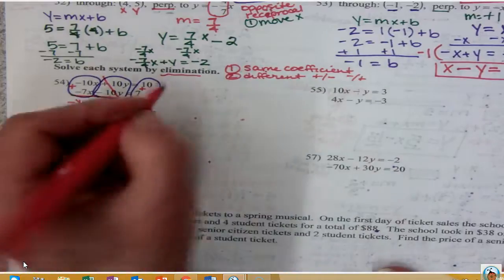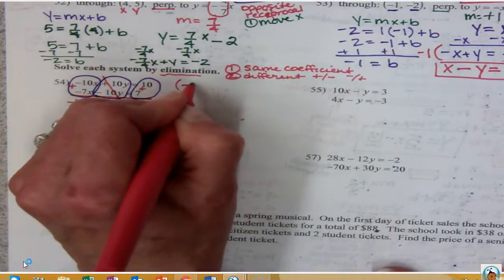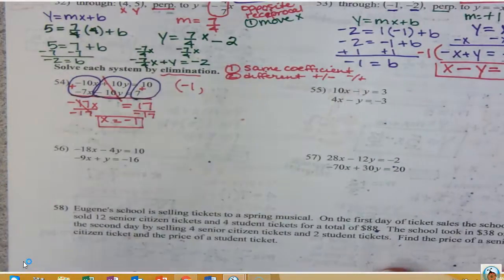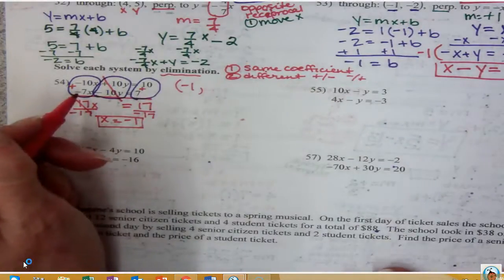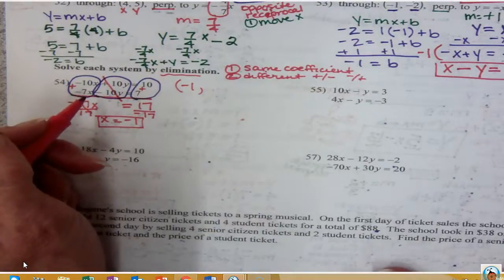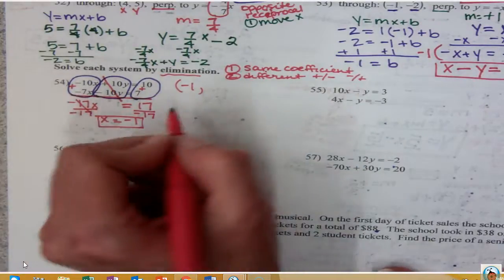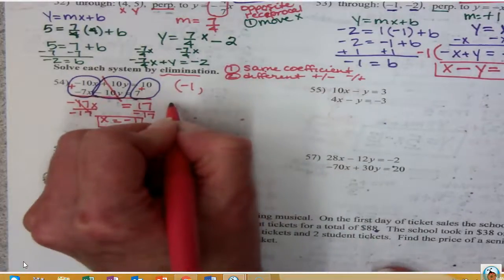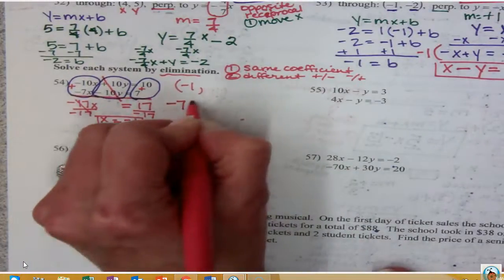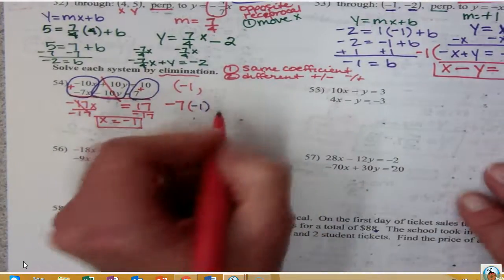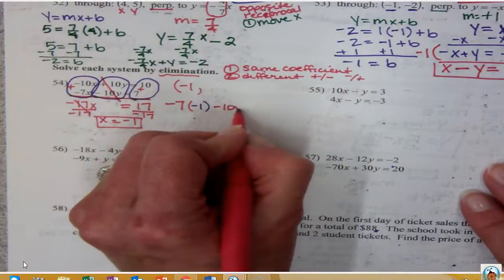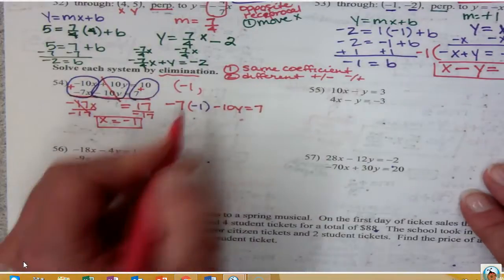So we've solved for x. So x is negative 1. Now we need to solve for y. So we plug our x back into one of these equations, it doesn't matter which, and figure out what y is, because then basically what we've done is negative 7 times our negative 1 right here minus 10y equals 7.